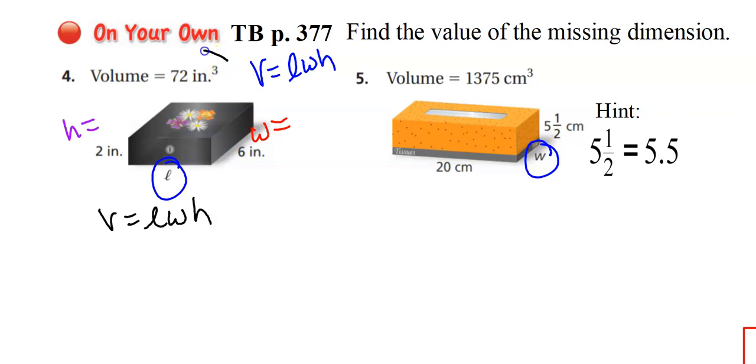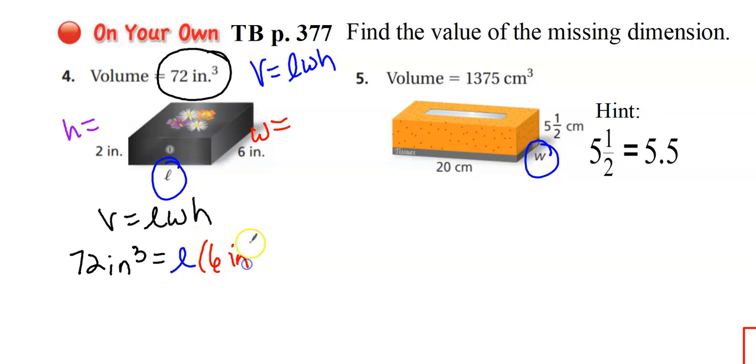Here we go. 72 inches to the third power equals, the length is unknown, it's in blue, and the width is 6 inches, and the height is 2 inches.